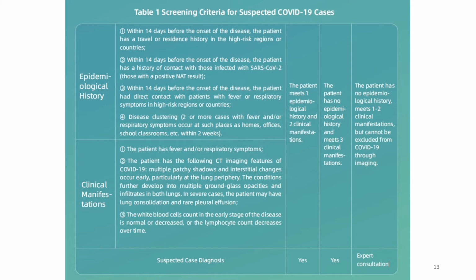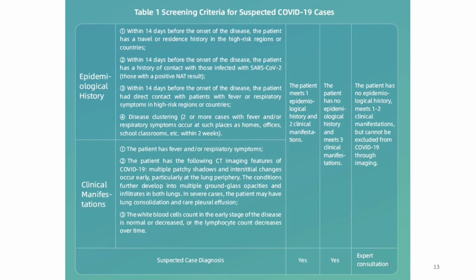The white blood cell count in the early stage of the disease is normal or decreased, or the lymphocyte count decreases over time.